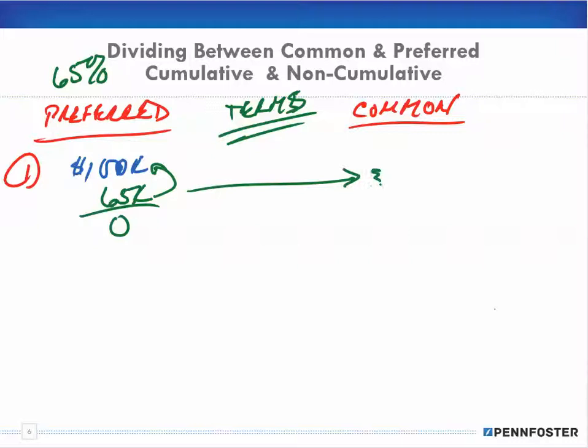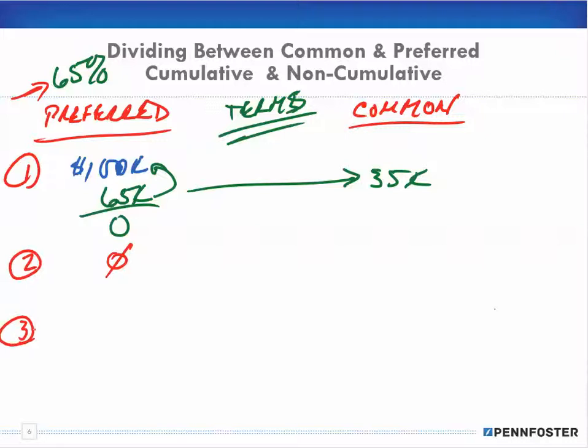So that means 35,000 goes over here to common, and nothing is still owed to preferred. Now let's say in the second period, nothing is declared. Well, because it's 65%, 65% of nothing is still nothing, so nothing is owed to preferred. No dividend is declared, so no money is owed to preferred.